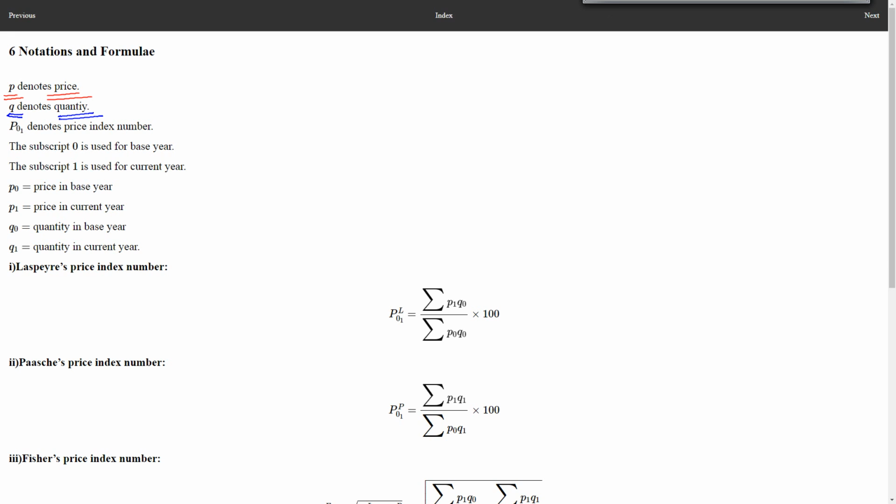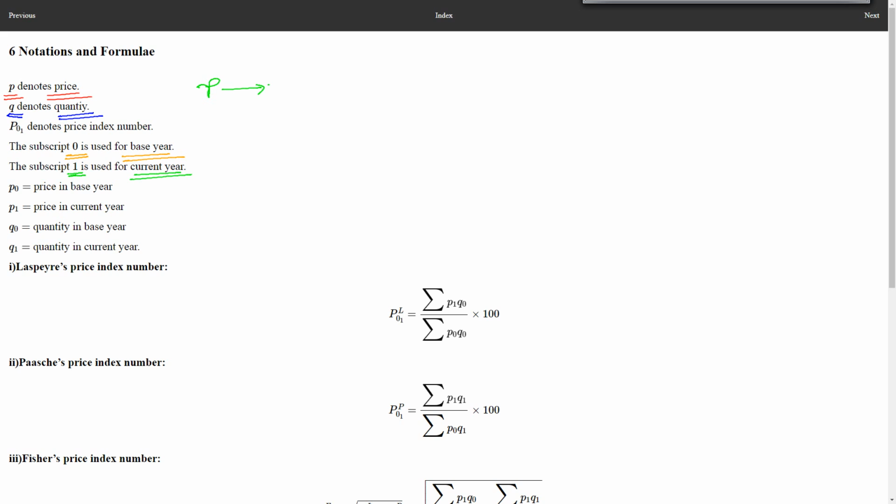The subscript 0 is used for base year and the subscript 1 is used for current year. So let us recall these basic notations. If you remember this, it becomes easy to get the meaning of these formulae.